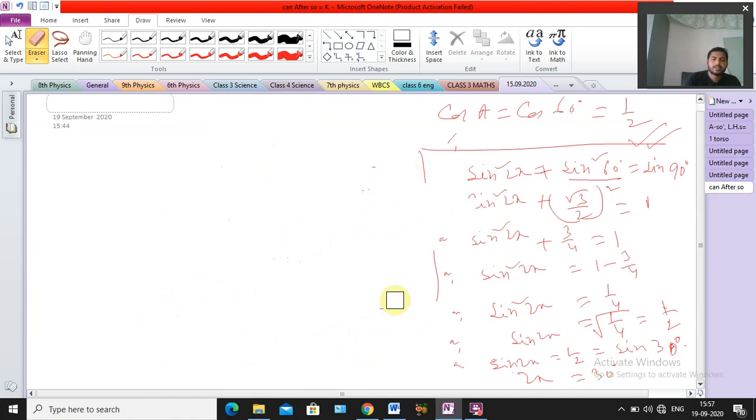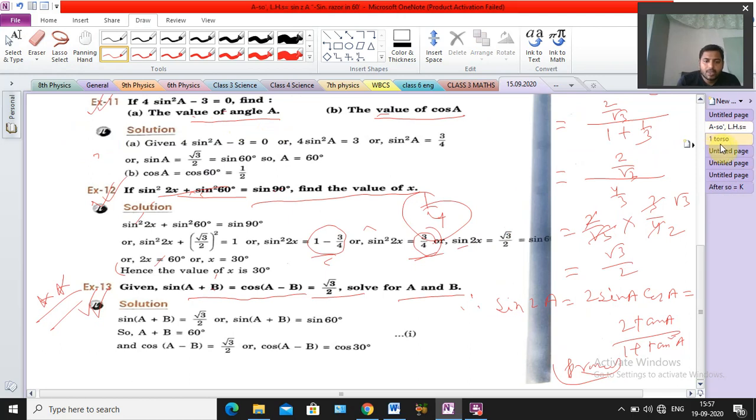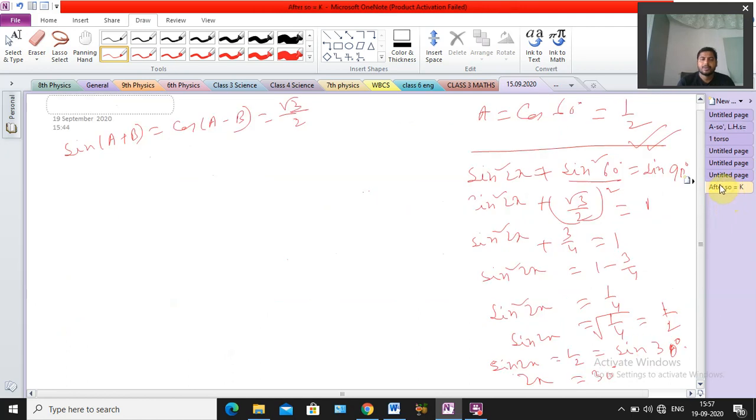Given: sin(a plus b) equal to cos(a minus b) equal to root 3 by 2. Yes, we find out the value of a and b. We have to find out what, sir? The value of a and b.